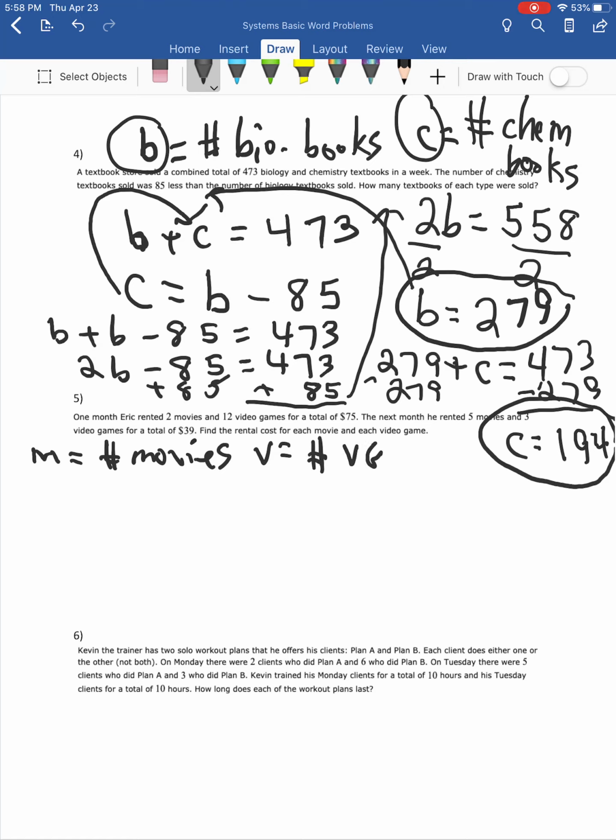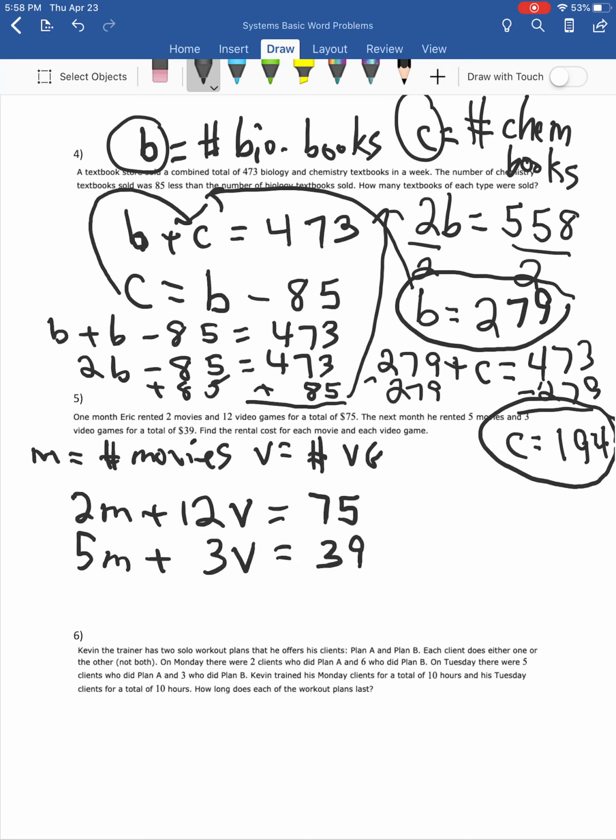All right, so one month rented 2 movies, so 2M plus 12 video games was 75. The next month he rented 5 movies and 3 video games, total of 39. Okay.